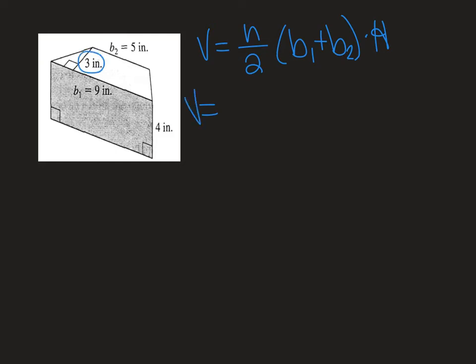So that is this 3. So we're going to have 3 over 2 times, and then we have our base 1 and base 2. So 9 plus 5 times the height of the figure, which is 4.